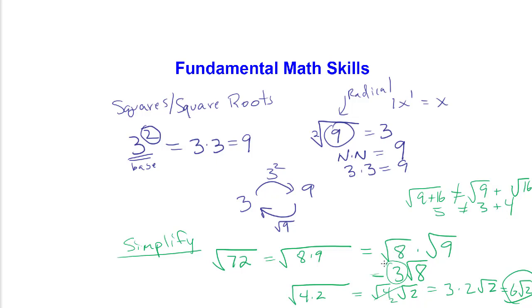So there are a few other tips and tricks on square roots you might want to know. If you need to estimate the value of a square root, say, what's the square root of 50? Well, what do I know? I know 7 squared equals 49. I know 8 squared equals 64. By the way, it pays to get to know your perfect squares up to, say, at least 20 to 25 squared. Then I can figure out that 50 is between 49 and 64.